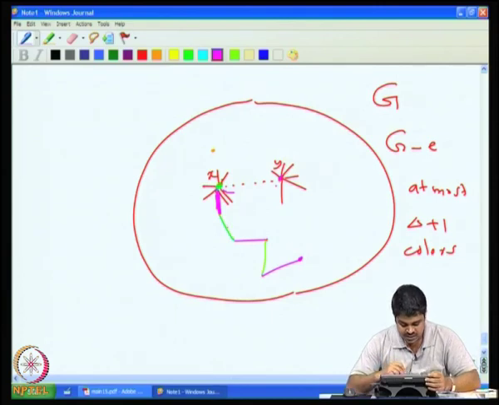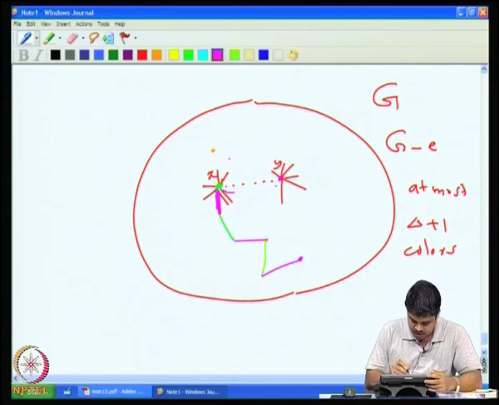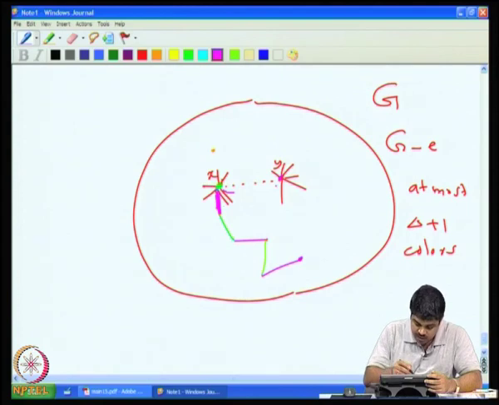We can just exchange the colors on this path, green will become violet and violet will become green, and then violet color will be available for the xy edge, because violet is missing at y also.